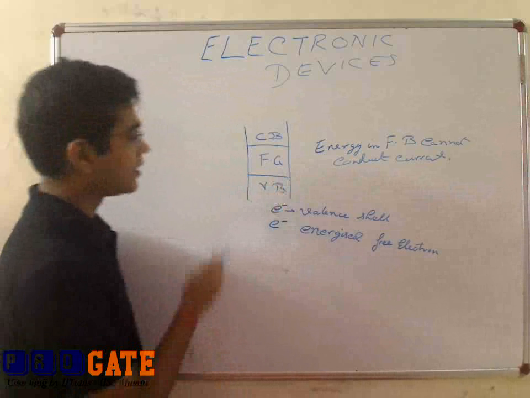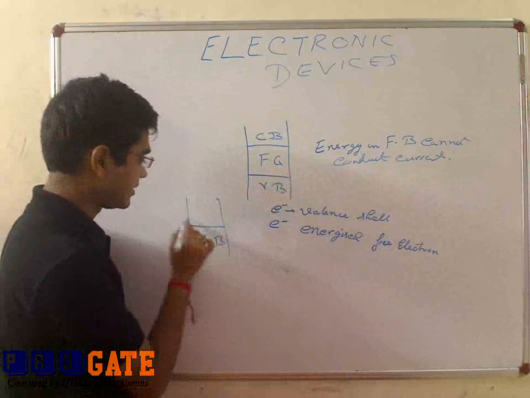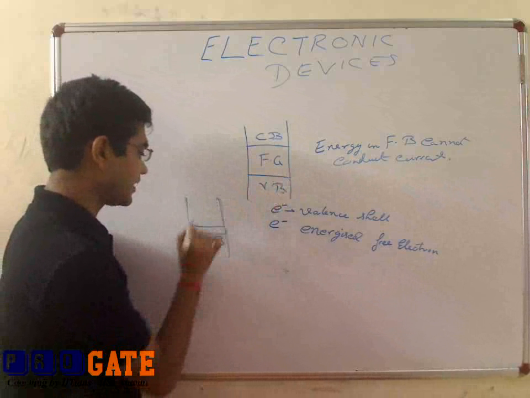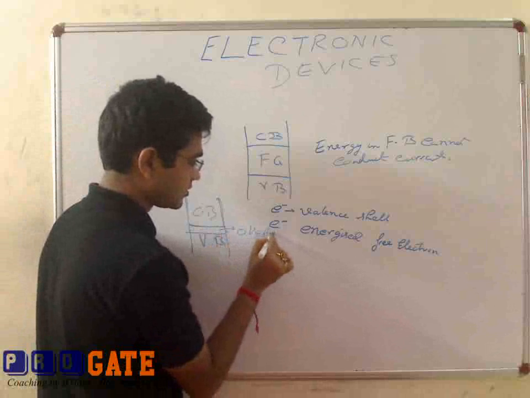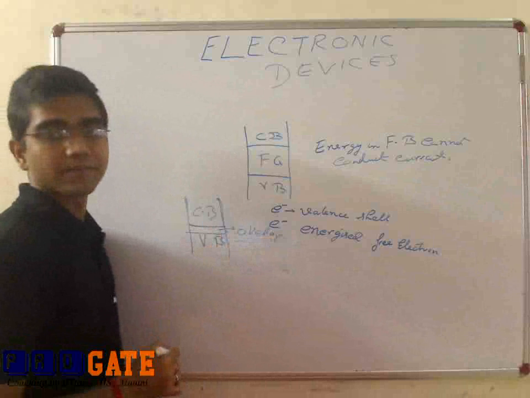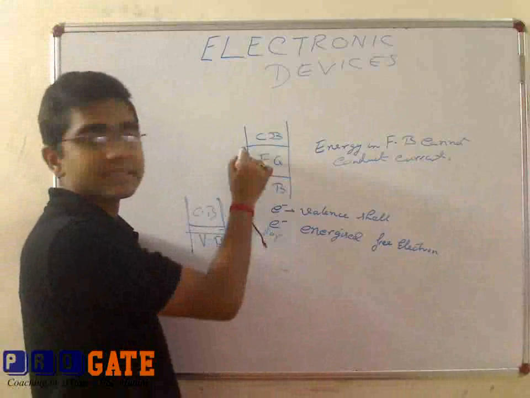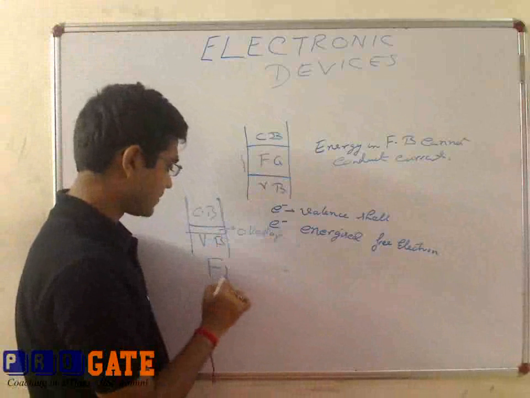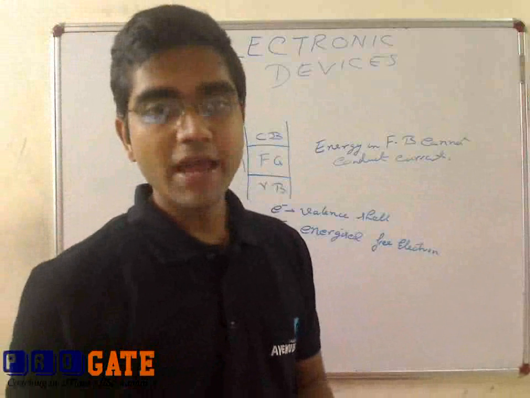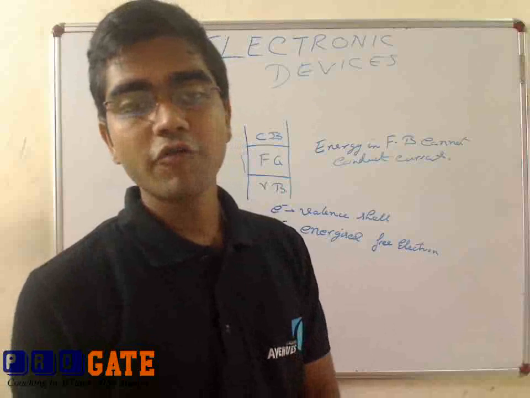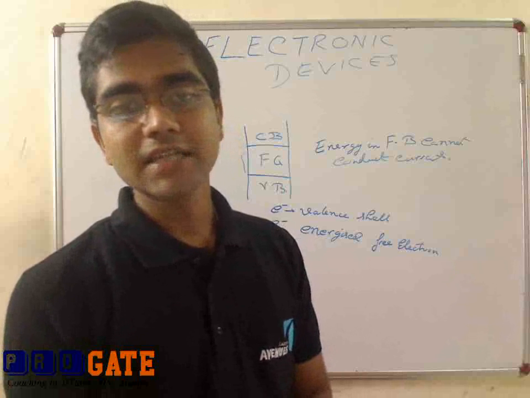In case of a conductor, if this be my valence band and this be my conduction band, there is an overlap, and since there is an overlap, there is nothing called a forbidden gap. Since there is no forbidden gap, if we apply any kind of voltage or supply any kind of energy, the electrons start conducting.